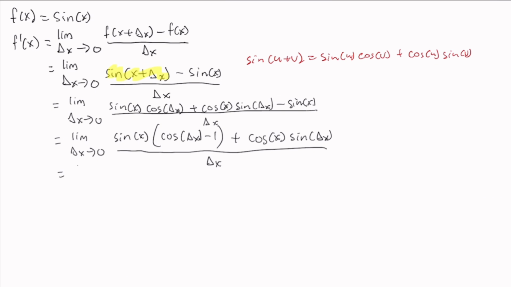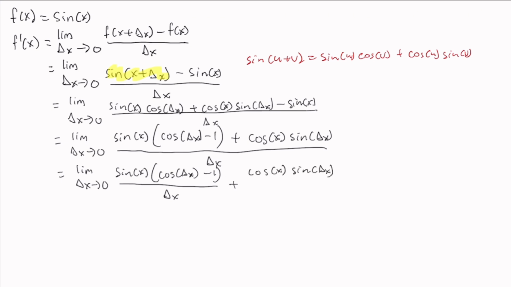Then here we can just split this up into two separate fractions. So we can do sine of x times cosine of delta x minus 1 over delta x plus cosine of x sine of delta x all over delta x.